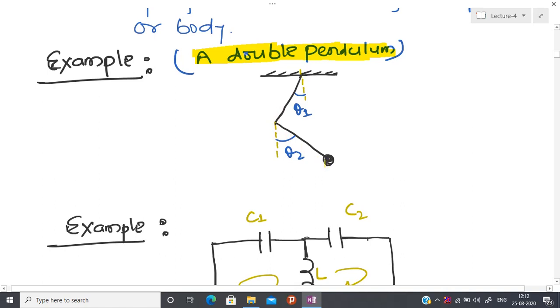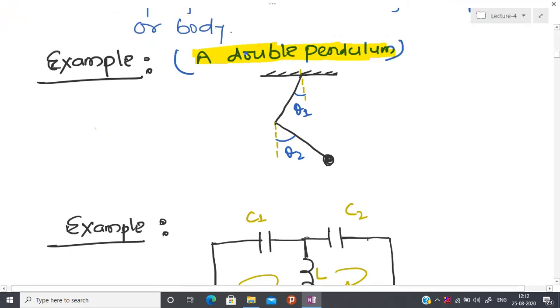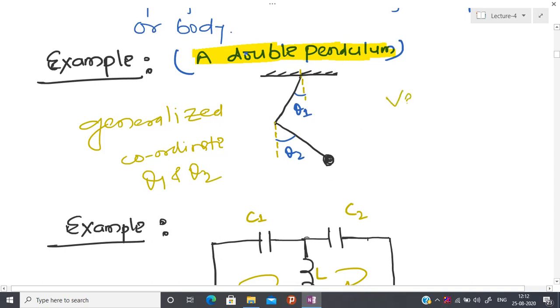In order to specify the position uniquely, I need two different generalized coordinates, that is theta1 and theta2, and obviously once the generalized coordinates are fixed, I can talk about the rates of change, that is d theta1 by dt and d theta2 by dt. So in this particular example, my generalized coordinates are theta1 and theta2, and velocities I can obviously define.